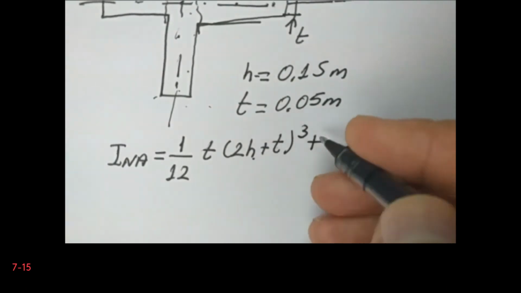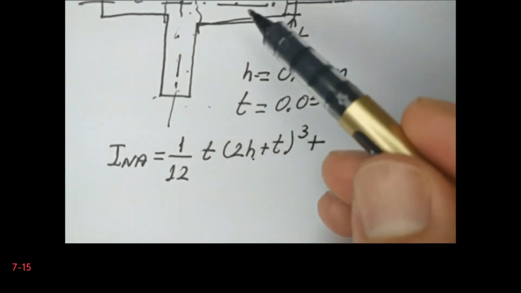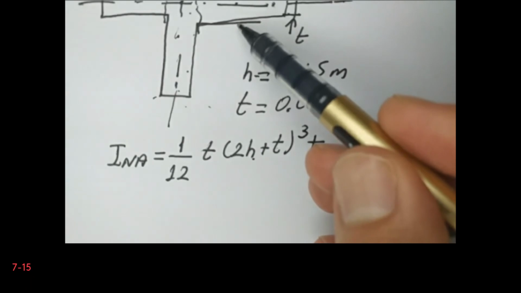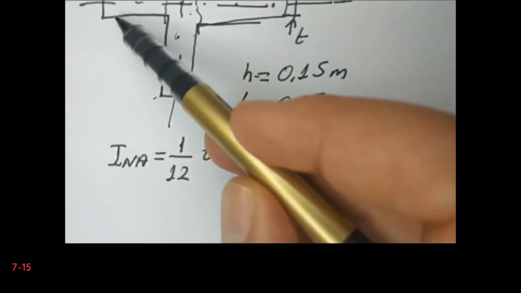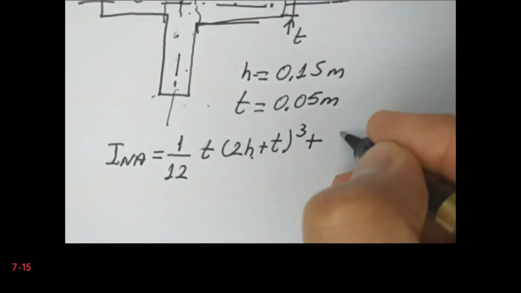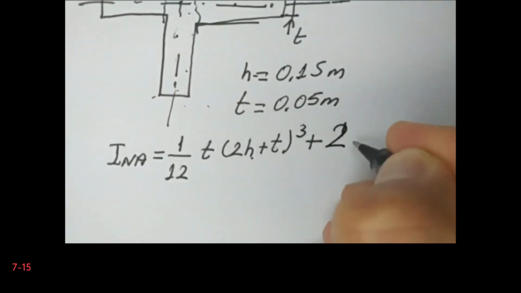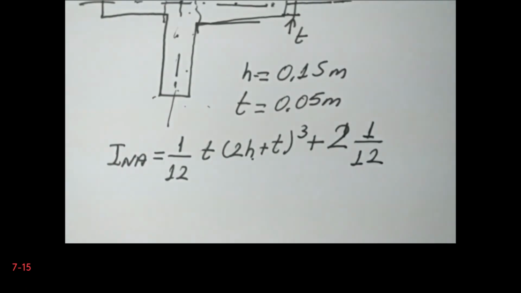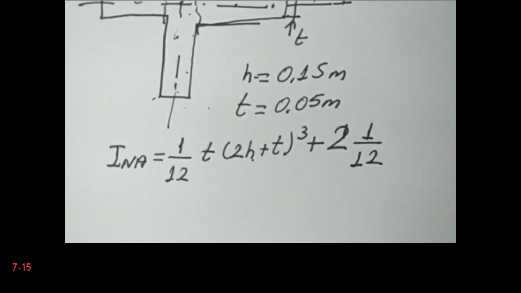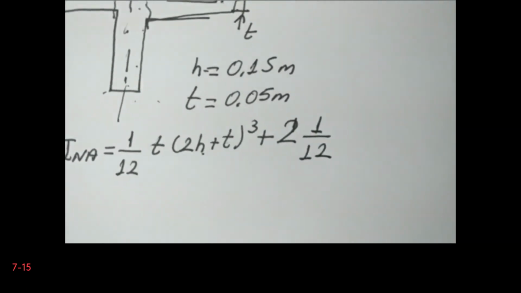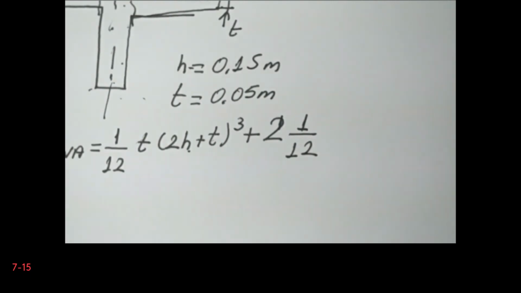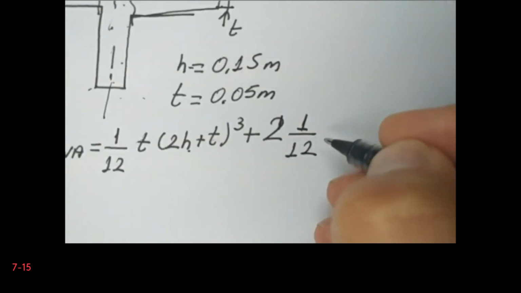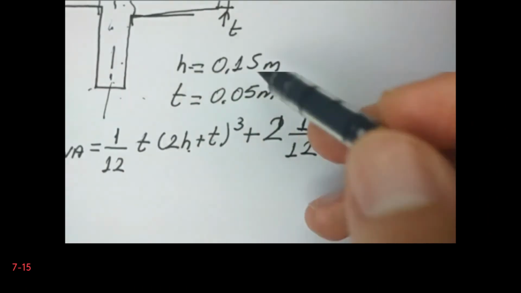So it is 2 multiplied by 1/12, and the width is h and the height is t cube.